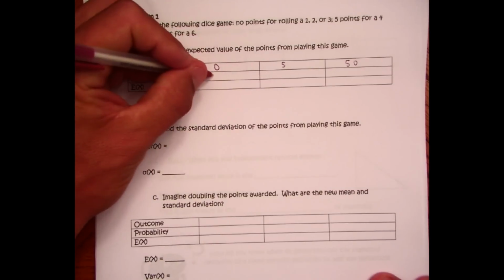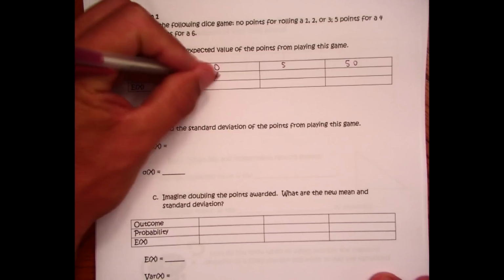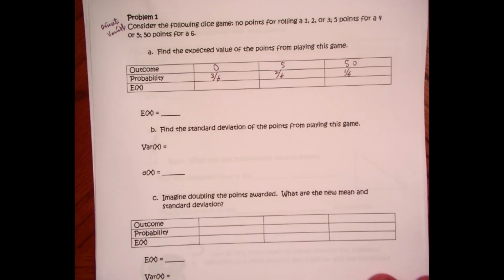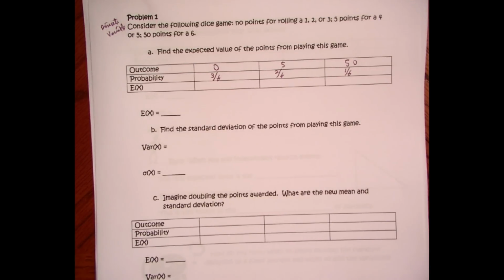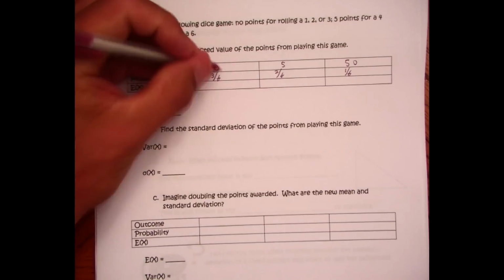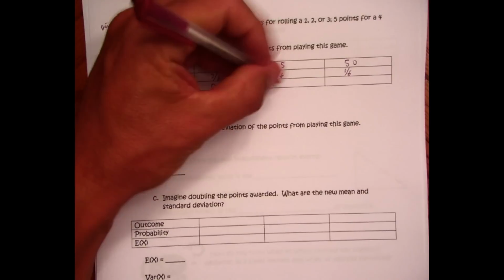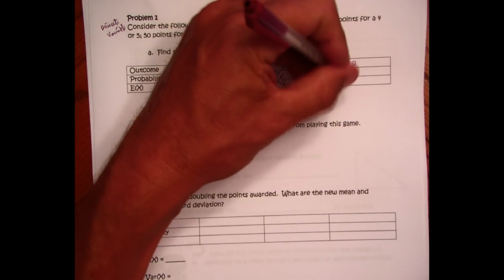And the probability of each of those is 3/6, 2/6, and 1/6. Now the expected value is simply this: with the outcomes and the probabilities, we're going to multiply them. So this would be 0, this would be 10/6, and this would be 50/6.